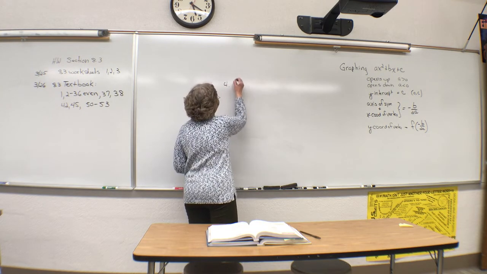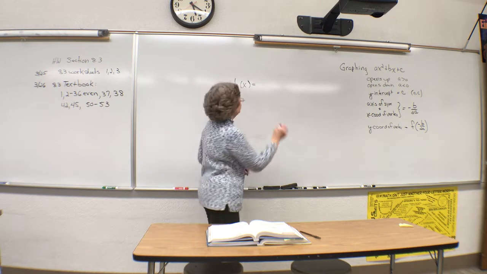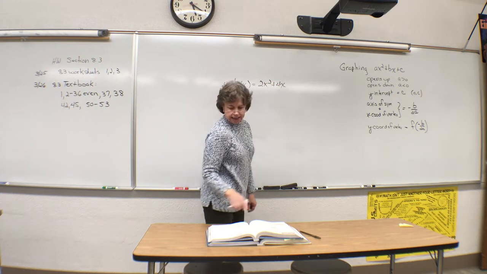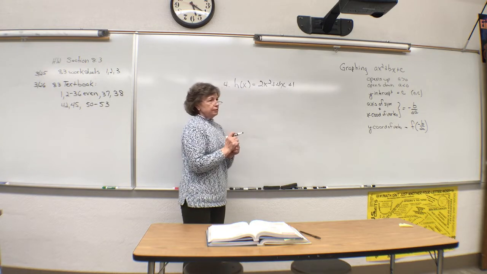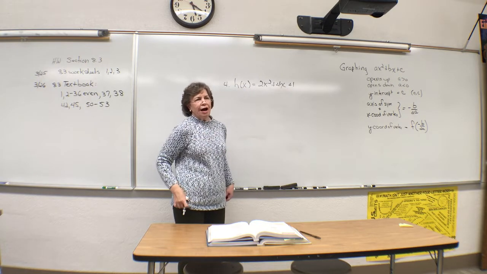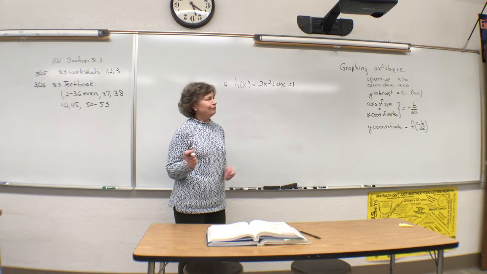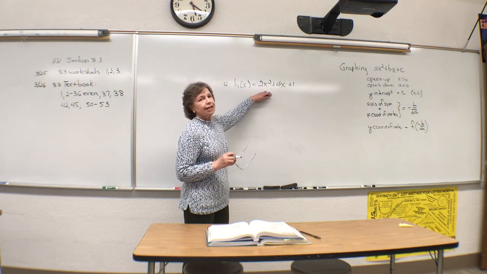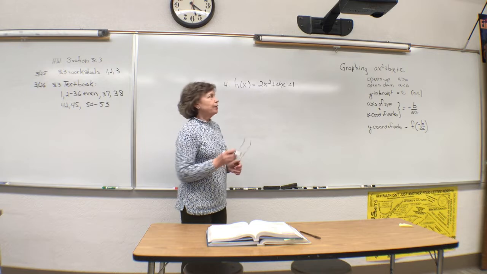So for number 4, h of x equals 2x squared plus 4x plus 1. While we are away from school and on break, a long break, use your calculator and check. Plug that into your equation, do it by hand, and see if you are right.